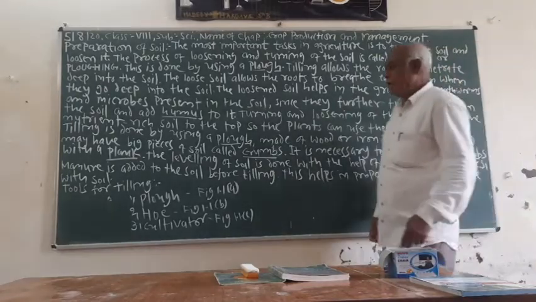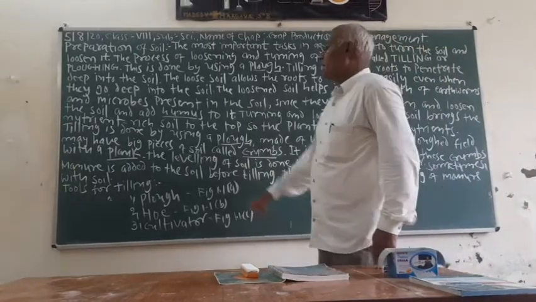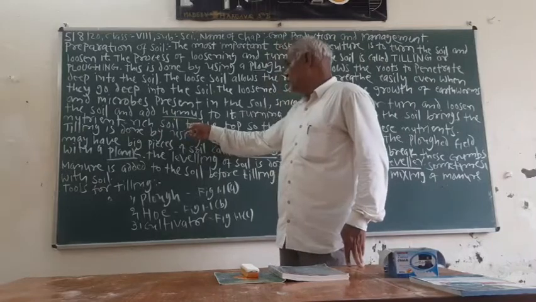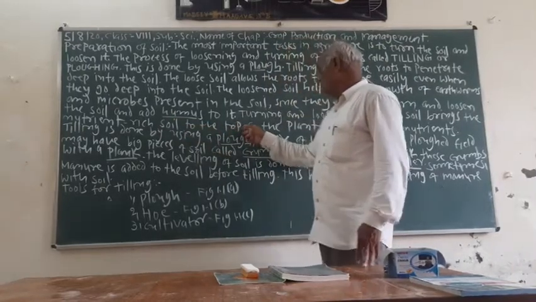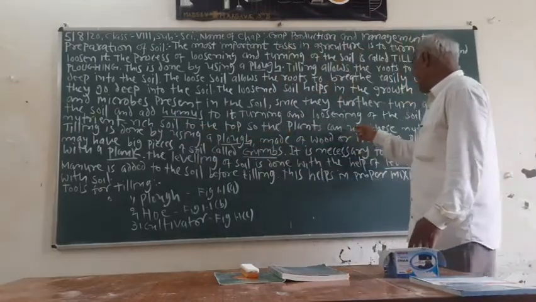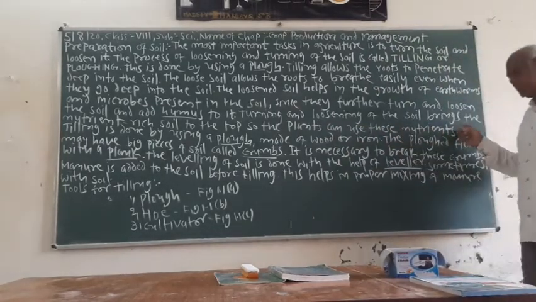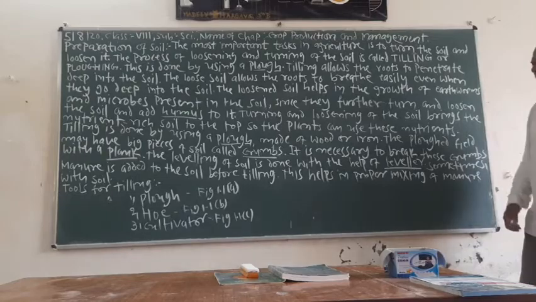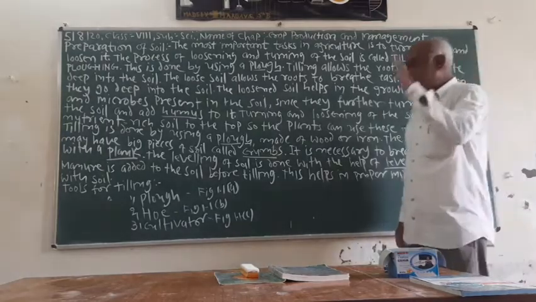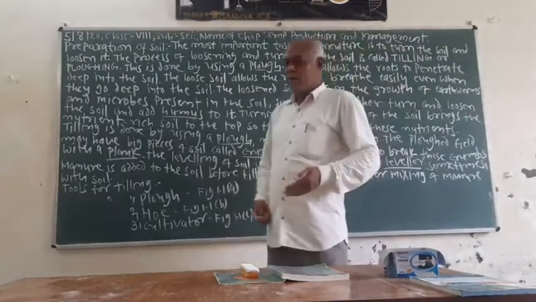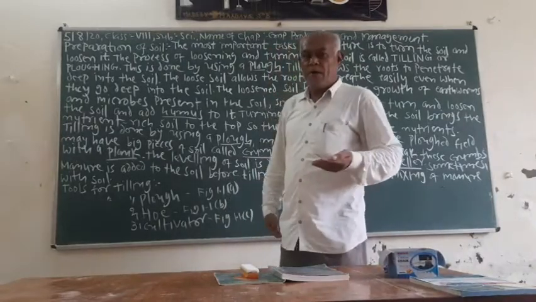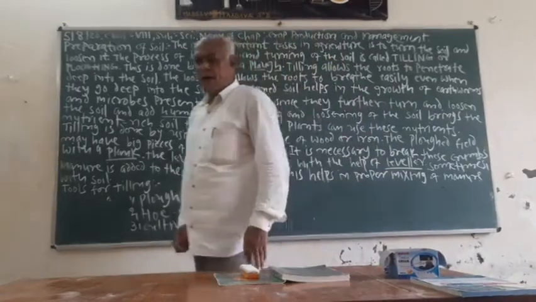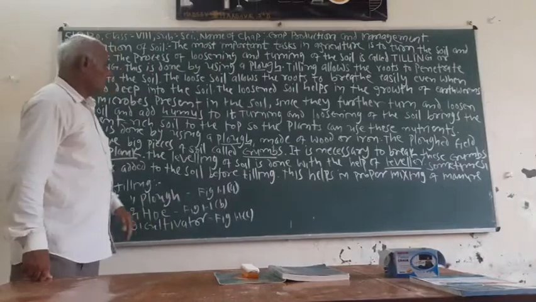Breaking and turning brings the nutrient-rich soil to the top, so the plants can use these nutrients. By the process of turning and loosening, the nutrients which are below the soil come to the top portion of the soil.